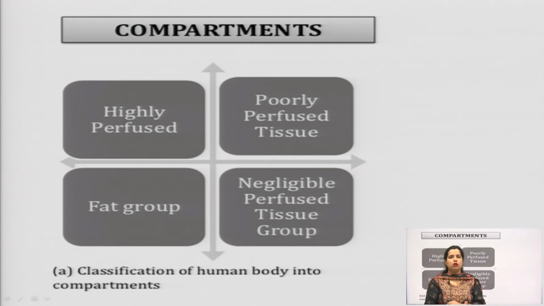So, based on blood vascularity and blood flow, highly perfused organs are present in the body, where the blood flow is very good and the binding affinity of the drug to the receptors is very high due to high blood flow. Then there are poorly perfused tissues.